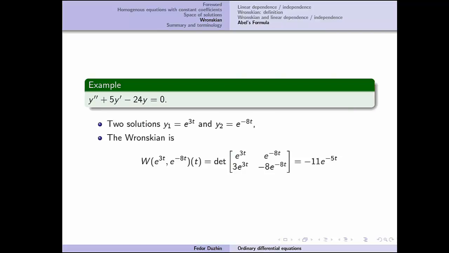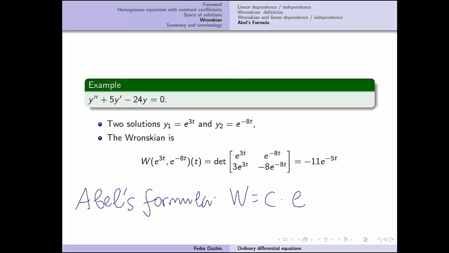In this case, Abel's formula tells us that the Wronskian should be some constant c times e to the power, my p of t is 5, so it should be minus the antiderivative of 5 dt, which is c e to the minus 5t.